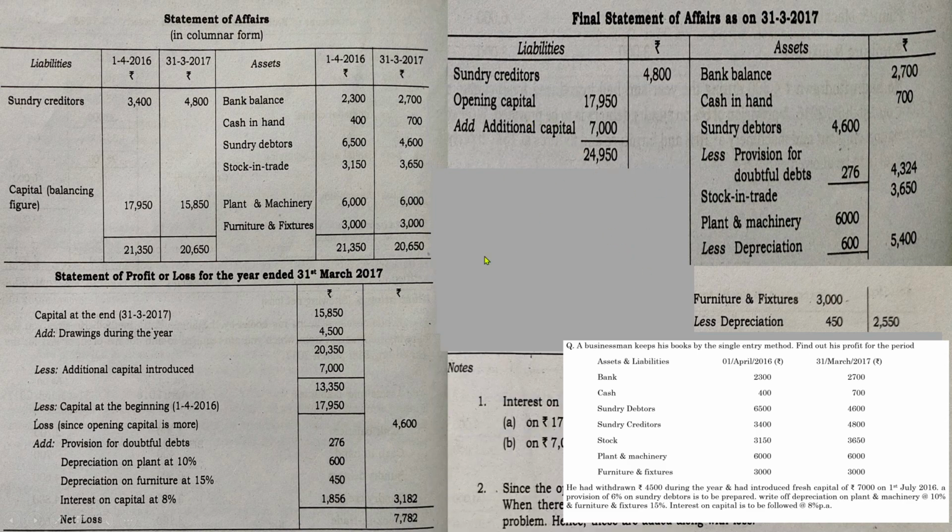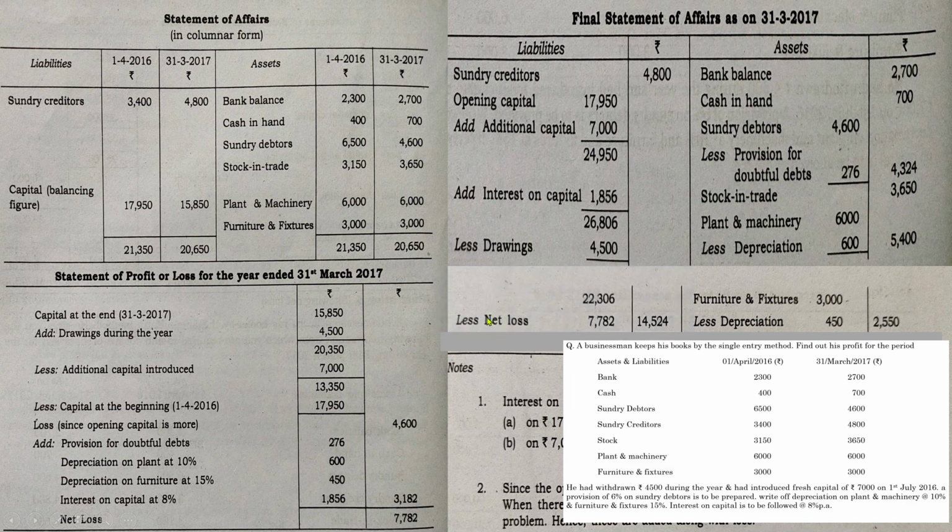Opening capital is 17,950. You have to add additional capital 7,000, add interest on capital 1,856, less drawings 4,500. From that you need to adjust the loss during the period, then you will get 14,524.